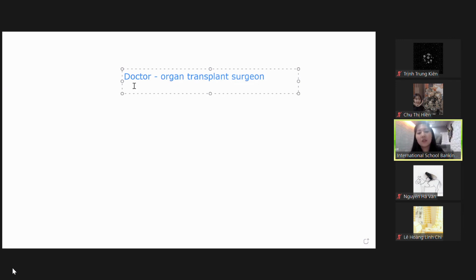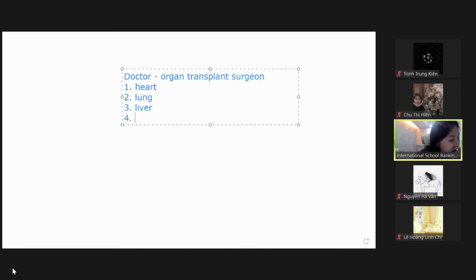So this time you are an organ transplant surgeon, and you have 5 patients. The first one is in need of a heart. The second one is in need of a lung. The third one is in need of a liver. The fourth one is in need of a kidney.